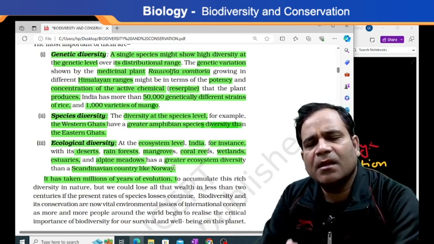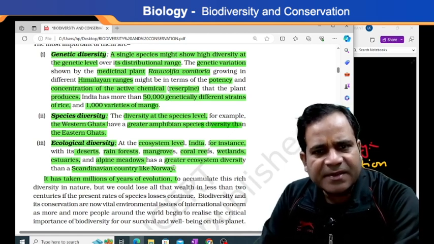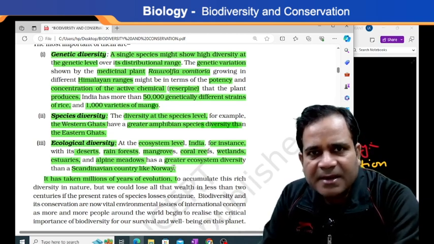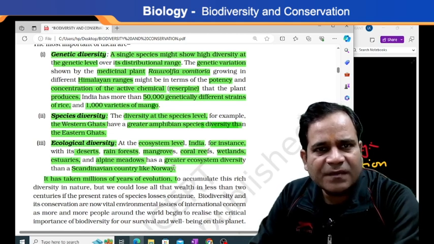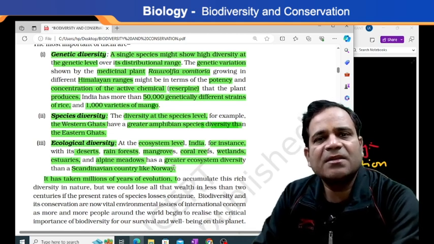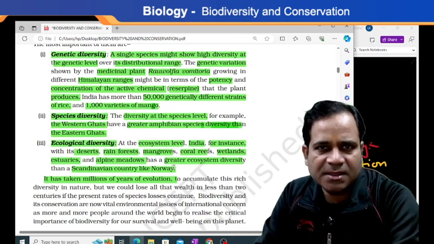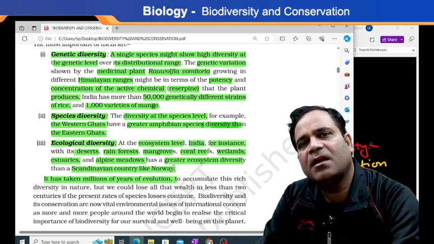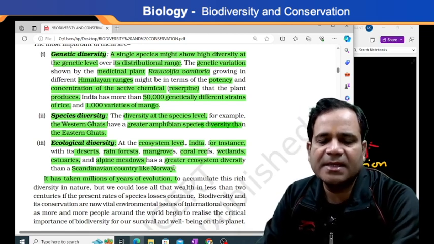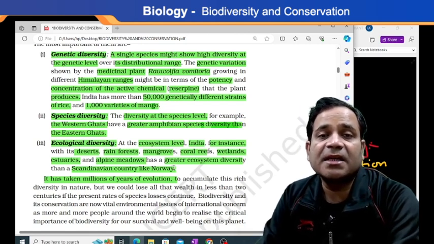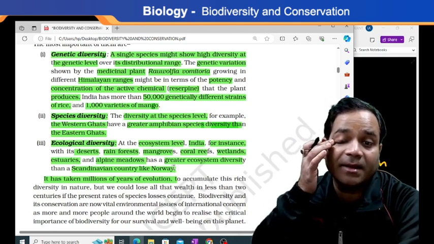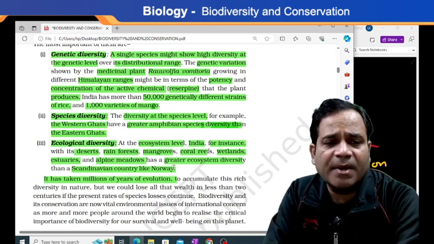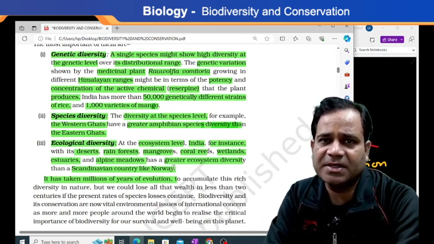So basically we see ecological diversity in India, my dear, because there are various climatic conditions, various types of seasons, and various types of soil texture here, isn't it? These are all the responsible causes, so ecological diversity is mostly seen in India. I'm not saying only in India, but mostly.